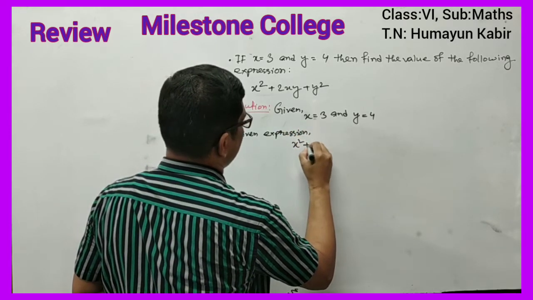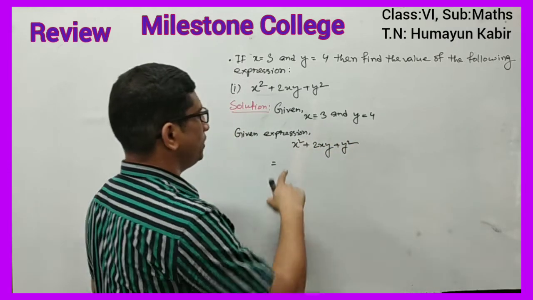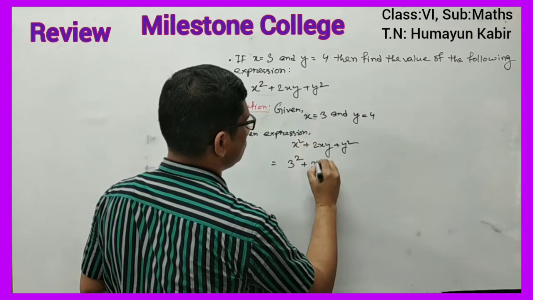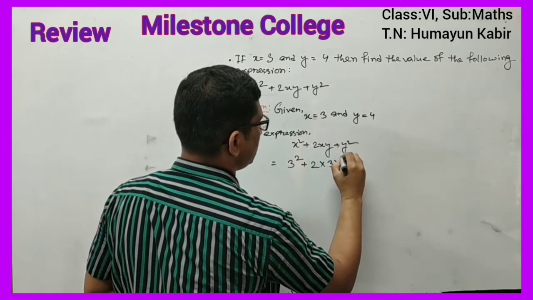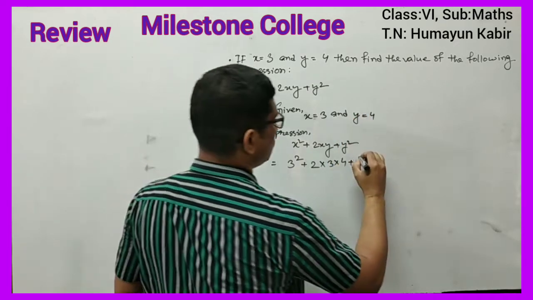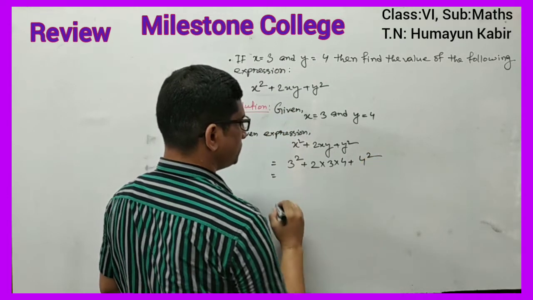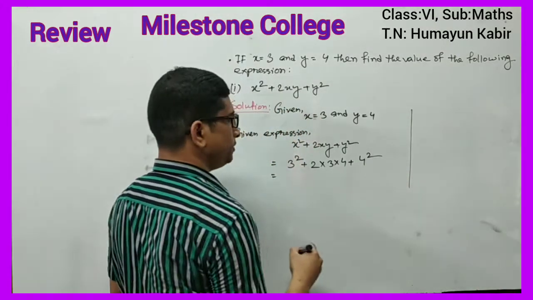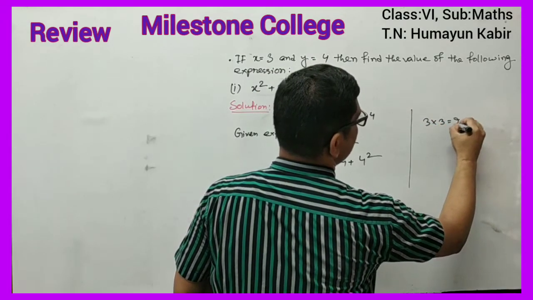x square plus 2xy plus y square equal to, here x equal to what? 3. So 3 square plus 2 multiply x equal to 3 multiply y equal to 4 plus y square, y equal to 4, and this square is here. Okay, so here 3 square means what? 3 square means 3 multiply 3. 3 threes are 9.